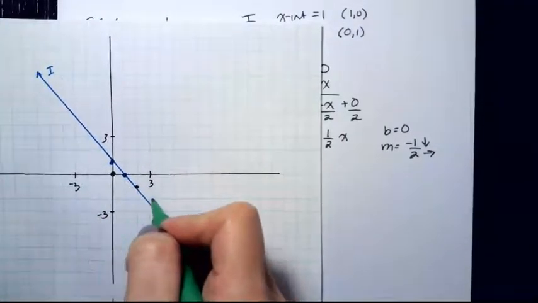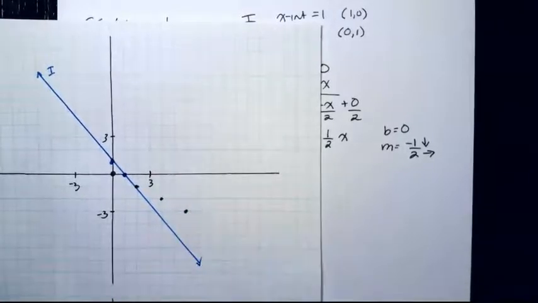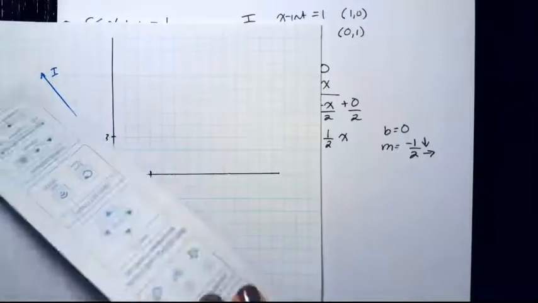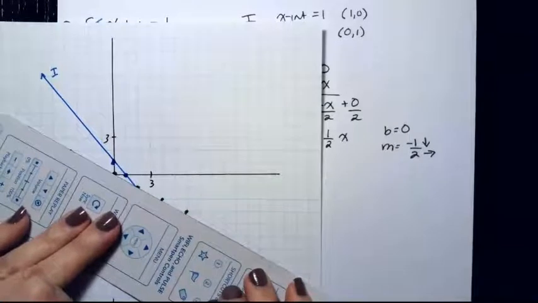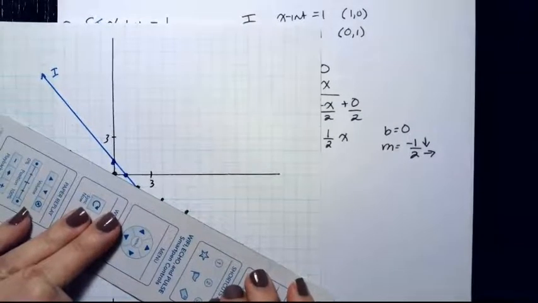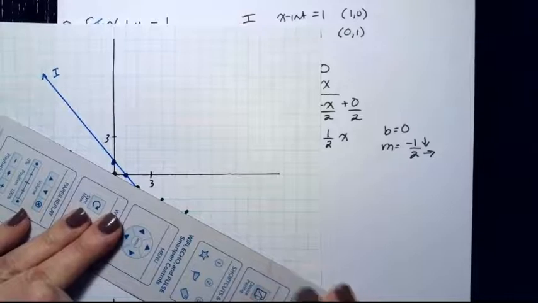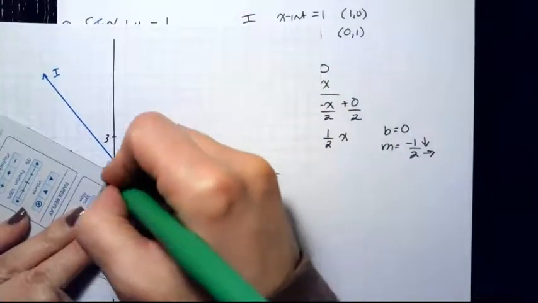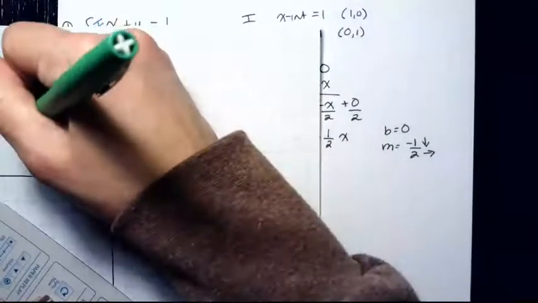Down 1, 2 to the right. Down 1, 2 to the right. Okay, so once again, using my straight edge, connect those points. Having more points is helpful when you're connecting. And this is my second line.